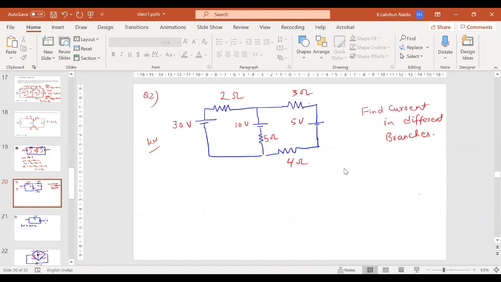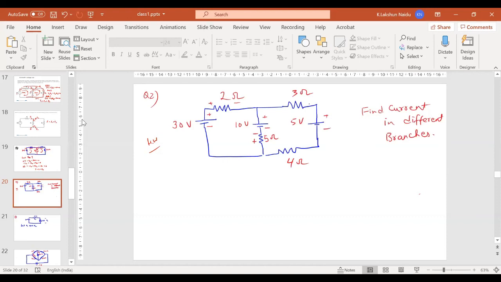So here also we have minus, plus, plus minus, this is plus minus, so this is minus, this is plus, and let's say this is plus minus.